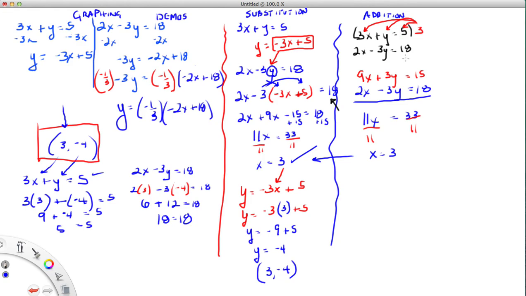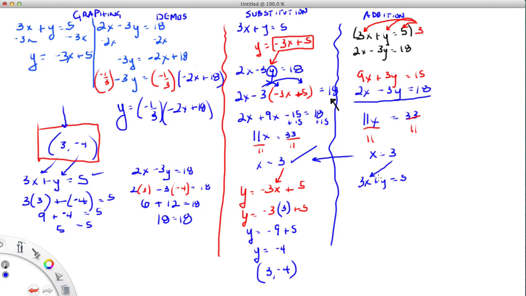I solved it by addition. I added the two equations together, but before that, I multiplied the top equation times 3 so that one of the variables had coefficients that were opposites. So when I added the equations, that variable dropped out. Now take either equation, it doesn't matter which, and plug in x equals 3. I'll take the top equation, 3x plus y equals 5.